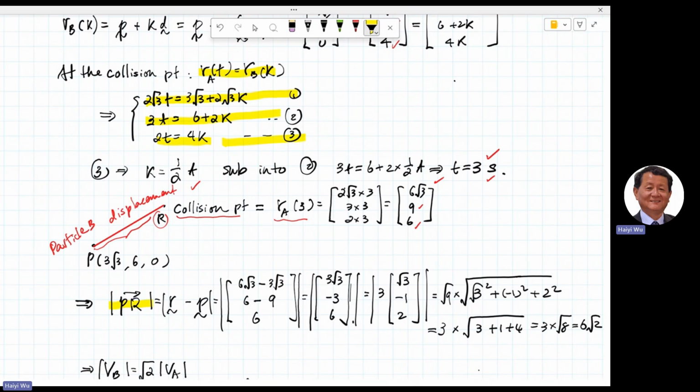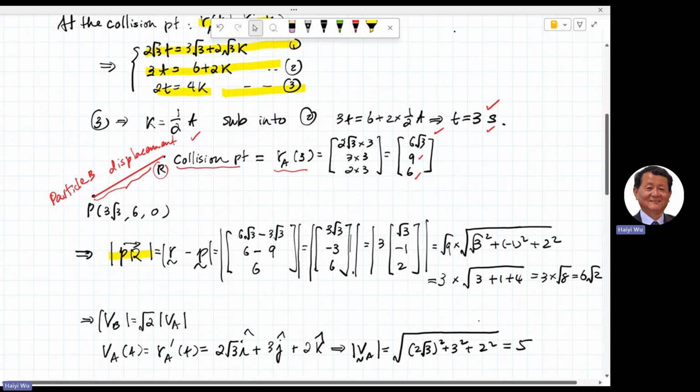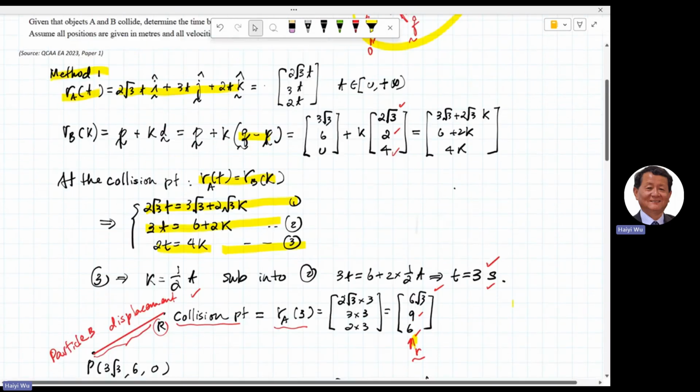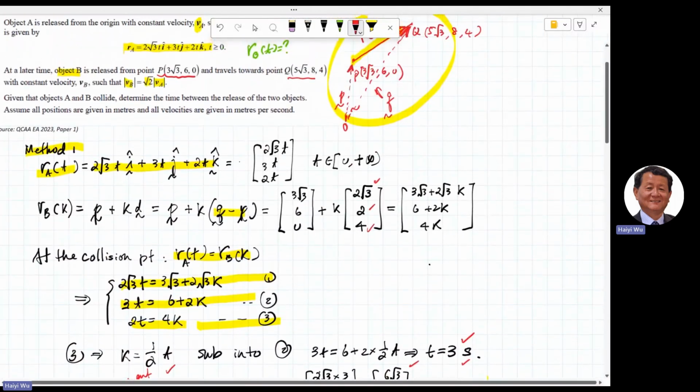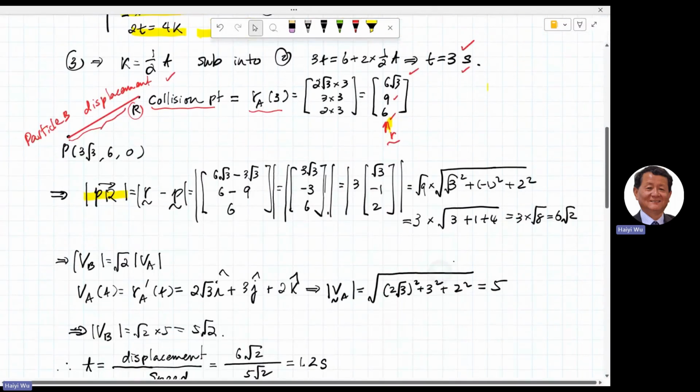PR is the position vector R minus the position vector P. R is already given, and P is the P vector from the top.